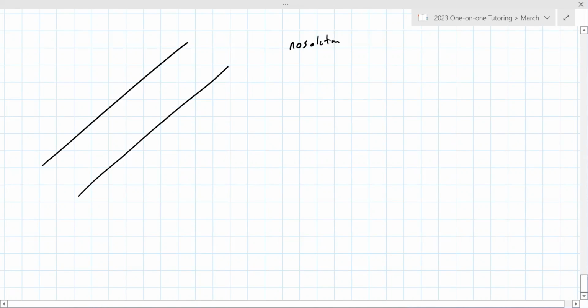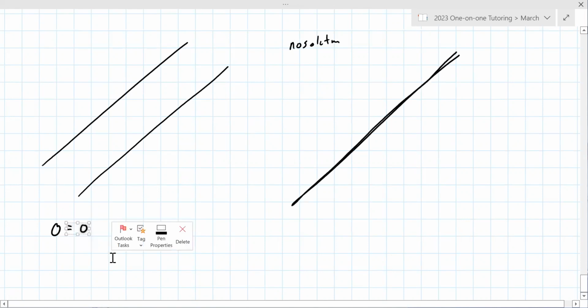And you mentioned that's when you get the same number on the left equaling a different number on the right. The infinite solution is when you get like 0 equals 0 or 10 equals 10, something like that.